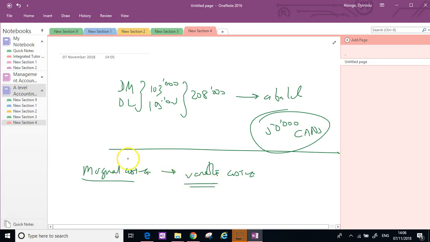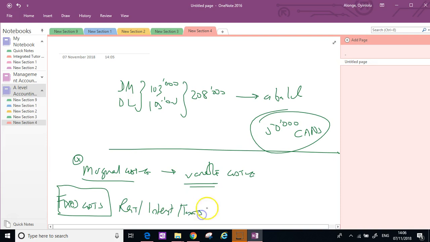Marginal costing is saying exclude the fixed costs, because we understand the fixed costs. For example, let's talk about things like rent and interest and taxes.